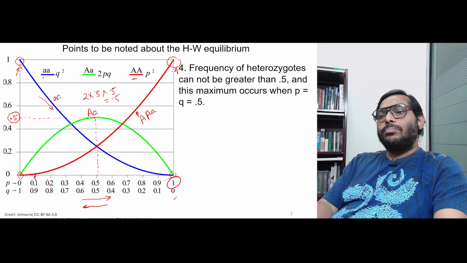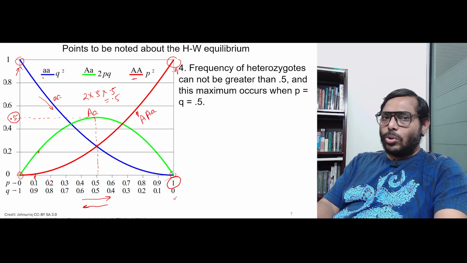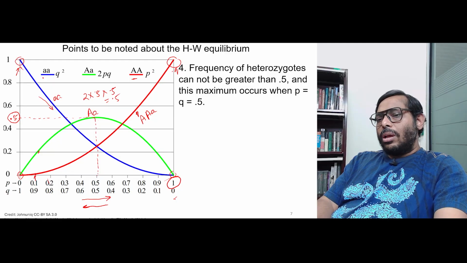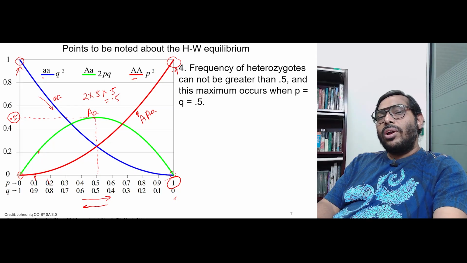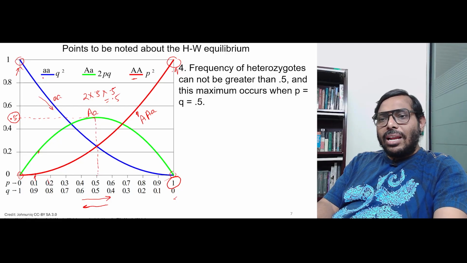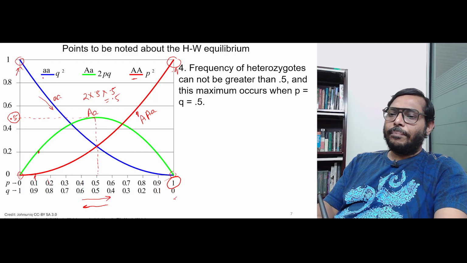However, even at this point you can see that the corresponding heterozygote frequency is reasonably high, it is close to 0.2, right. So, this tells us that when an allele in the population is in Hardy-Weinberg equilibrium and when that allele is rare, then most of the copies of that allele are actually going to be inside the heterozygotes, right.